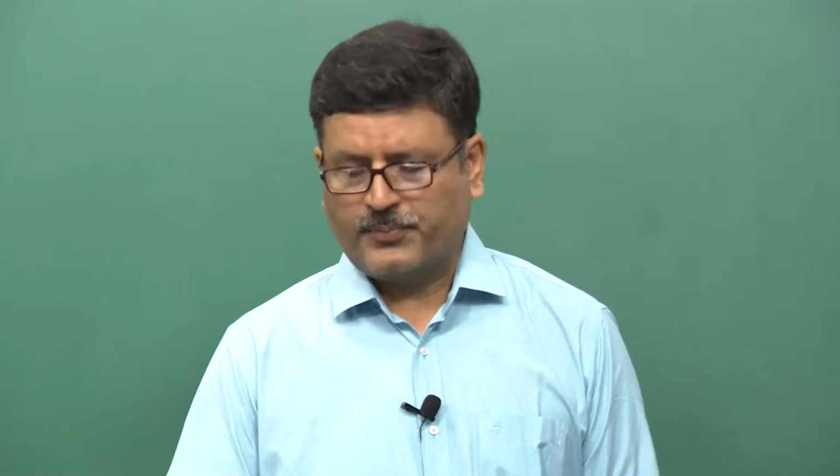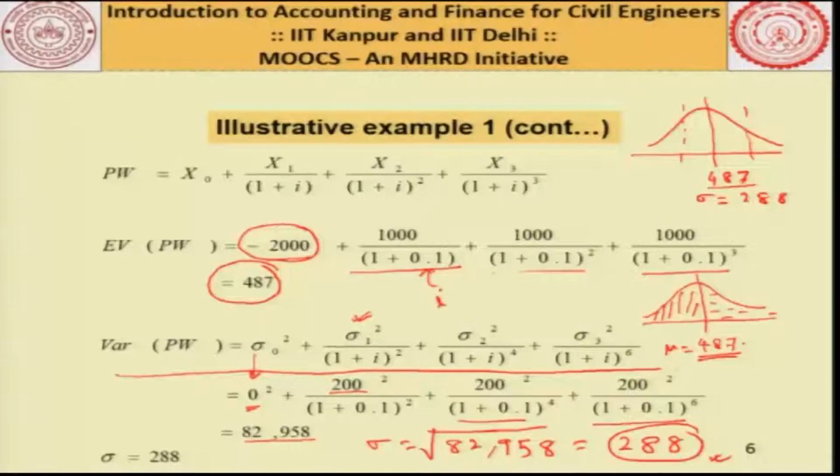When I say I am interested in finding the value of probability in which the net present worth is going to be below 0. So, you know the concept of standard variate or normal variate, we define it as Z. So, Z is given as x minus mu upon sigma. X is the desired value, mu is the mean value, which is 487 in this case, and sigma is 288.